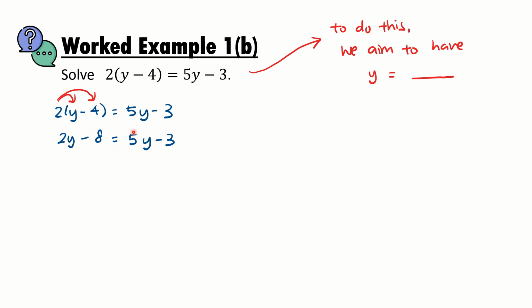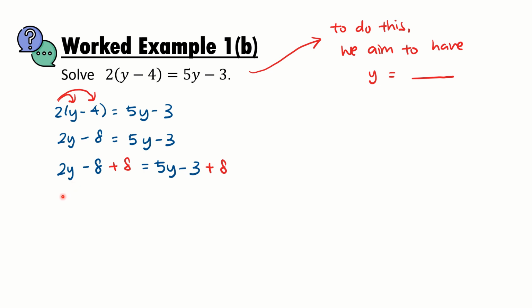Likewise, on the right side of the equation, in order to keep things balanced, I need to plus an 8 as well. Therefore, in my next step, I have 2y minus 8 plus 8 equals 5y minus 3 plus 8.